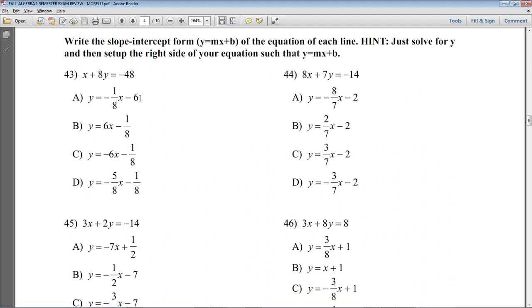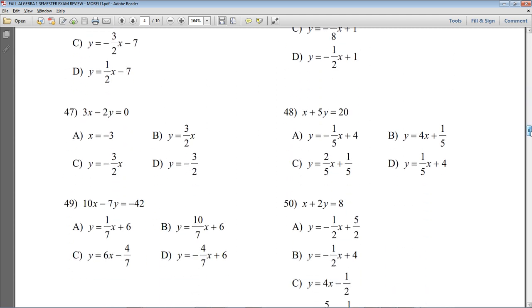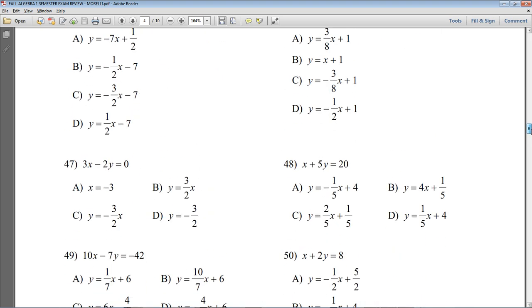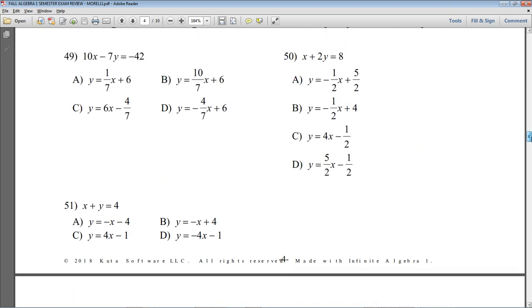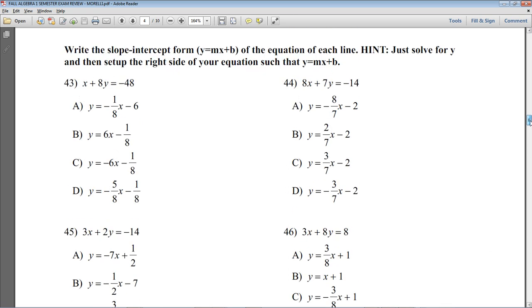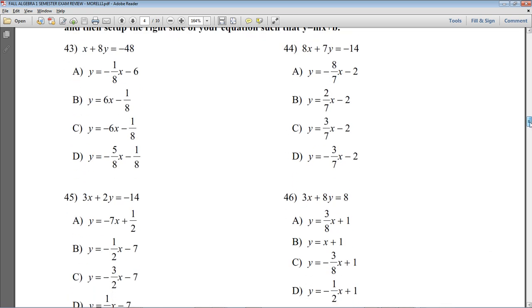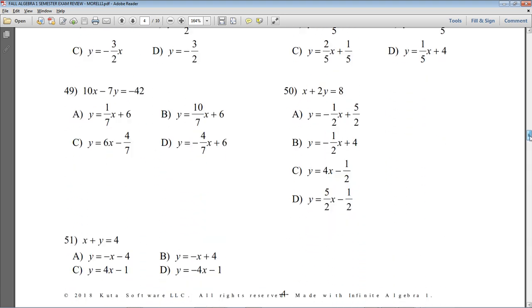It's A. So number 43 is A. Those are all solved in a similar way. I'm having you do a few of these because it is a super important skill to convert from standard to slope-intercept and slope-intercept to standard.